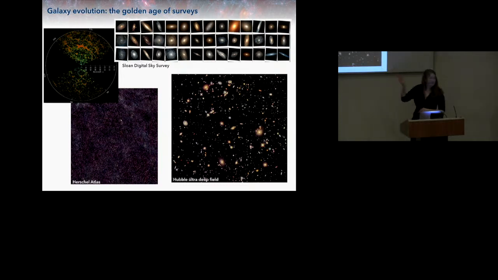I'm just pointing out a few here to illustrate my point, but I think it's fair to say that the Sloan Digital Sky Survey has been revolutionary in several areas of astrophysics, galaxy evolution being one of them, because it's allowed us to not only image, but to take spectra of millions of galaxies.